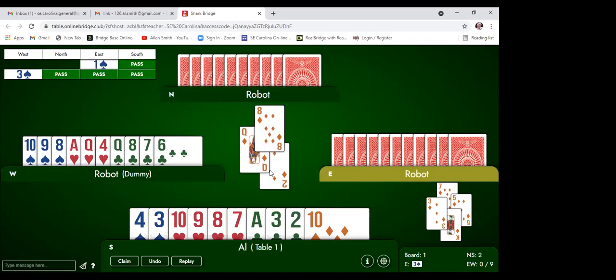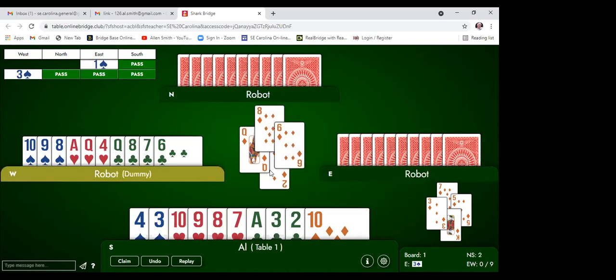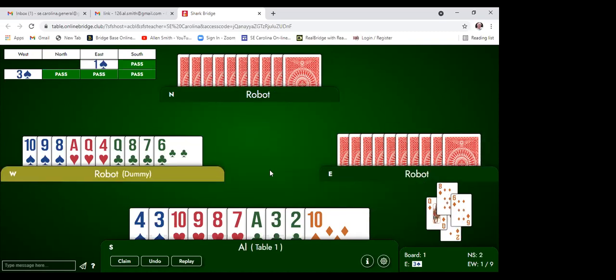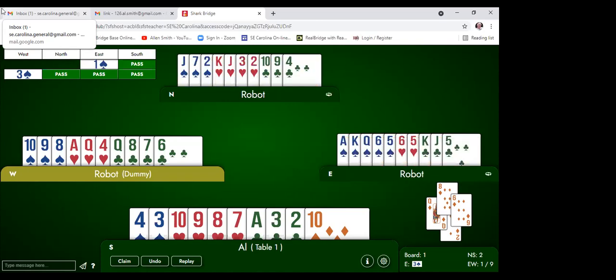And lo and behold, they do split 4-3-3-3. So now it's up to the declarer to break a new suit. Let's show all the hands, so you can get a better idea of what's going on in the declarer's head. We can see that we're in the dummy with the diamond, and the declarer's got really strong spades.